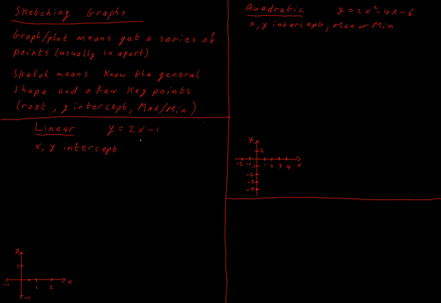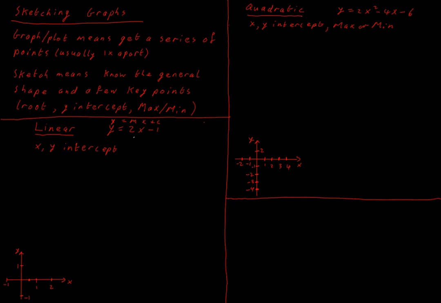Now there is another way of doing it, which is to say if we have it in the form y equals mx plus c like we have here, so this is an important version of the line equation, y equals mx plus c, which I may as well write in. The c on the end, the constant on the end, always tells us the y-intercept without having to do any work. I know automatically if it's written in this form, y equals stuff, the constant on the end tells me the y-intercept, where I cross the y-axis.